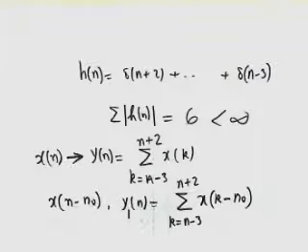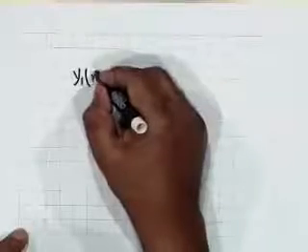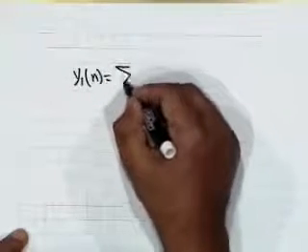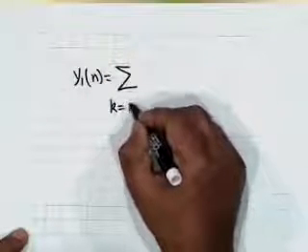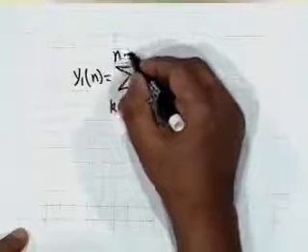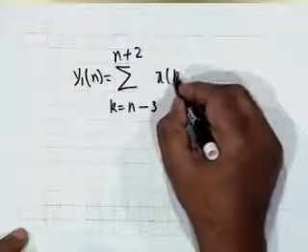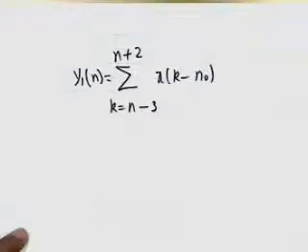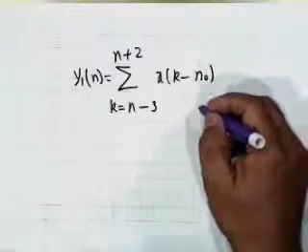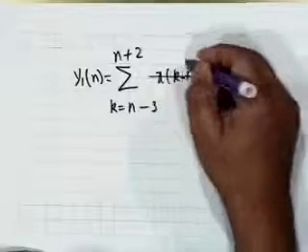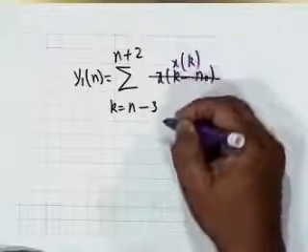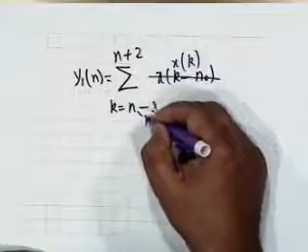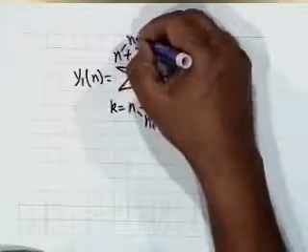And this, as you can see, is y1 of n. Now follow this point carefully: the sum over k equals n minus 3 to n plus 2 of x of k minus n0. The summation remains unchanged if we replace this by x of k and put n minus n0 in the limits.